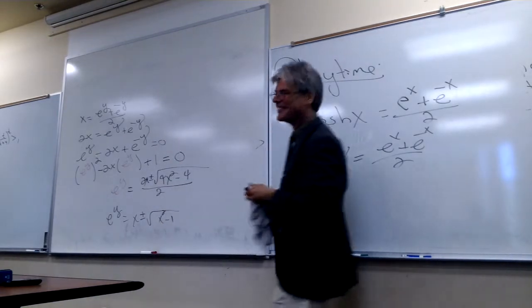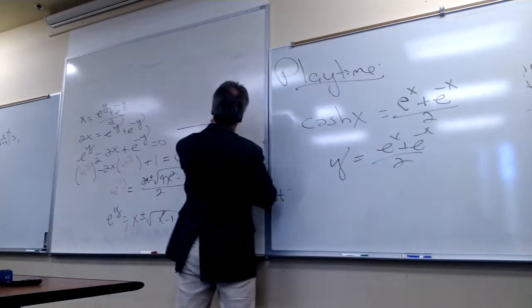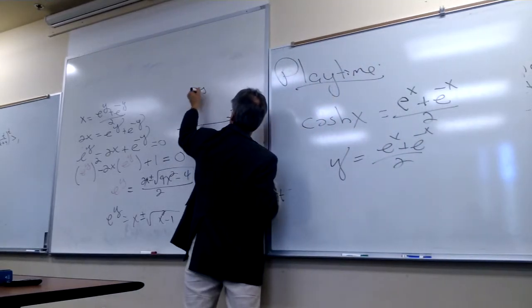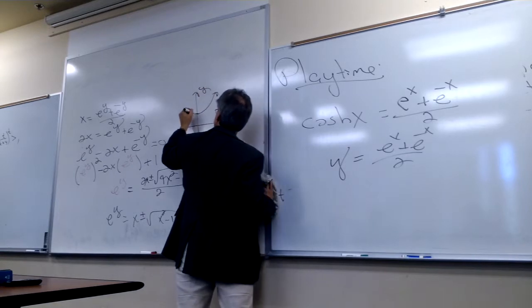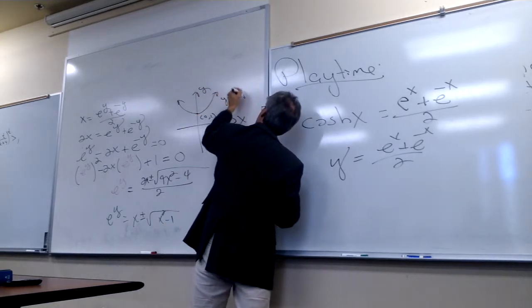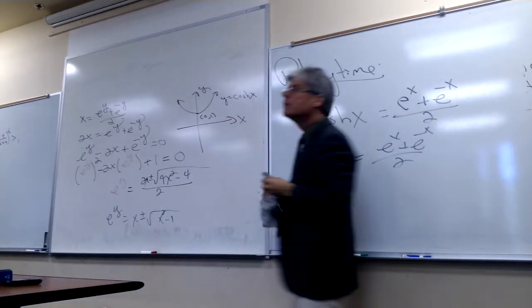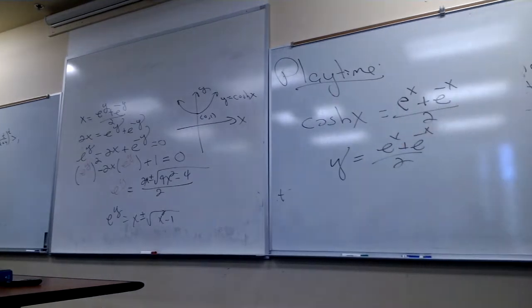Sorry. So graphically, what does the cosine hyperbolic look like? X-axis, y-axis. It's in the appendix in the back of the book. Are there any asymptotes?